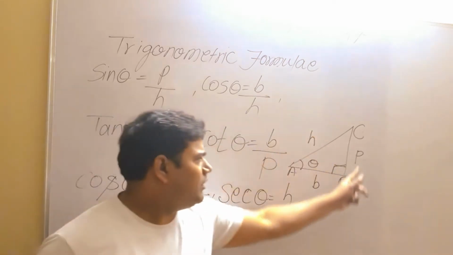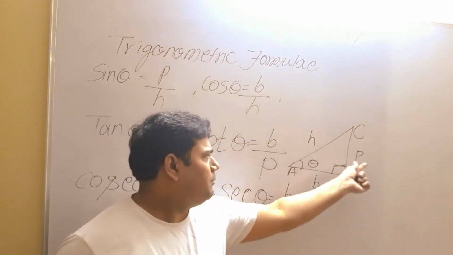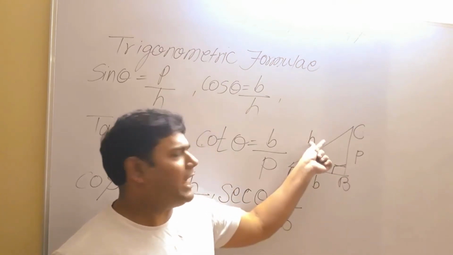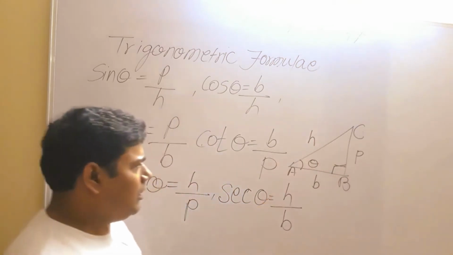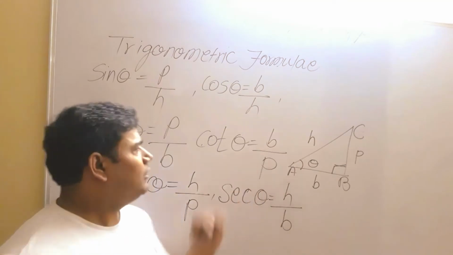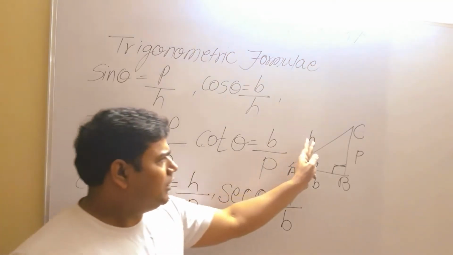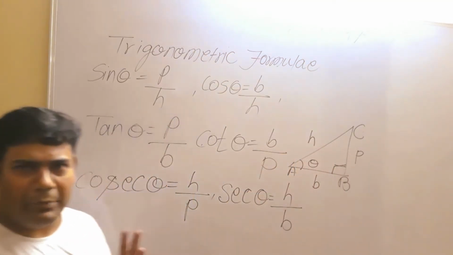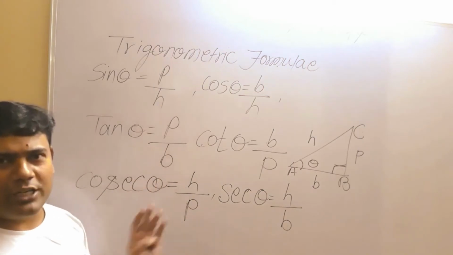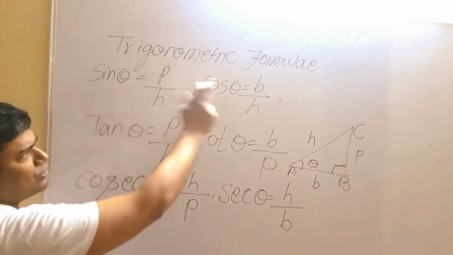Now we have 3 sides, perpendicular, base and hypotenuse, and one angle theta. With the help of these 3 sides we can make 6 ratios which are known as basic trigonometric ratios.